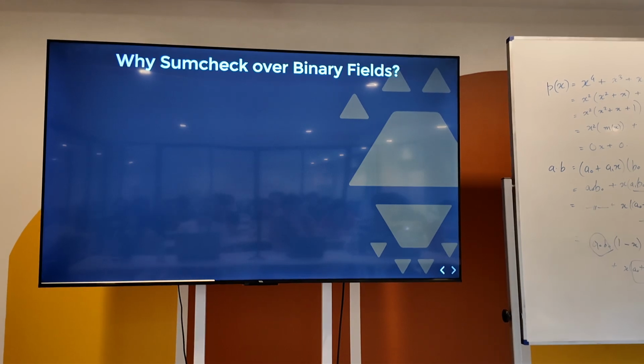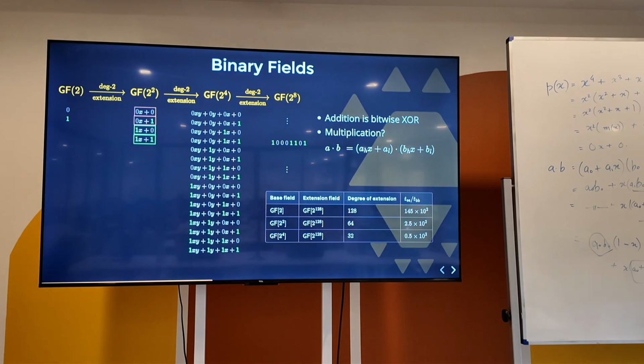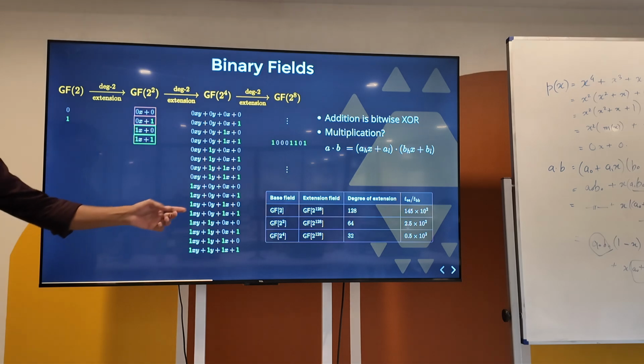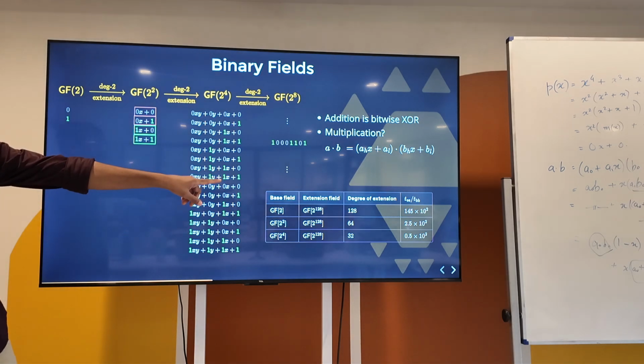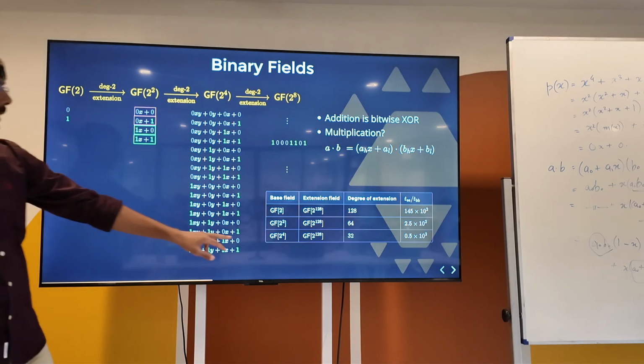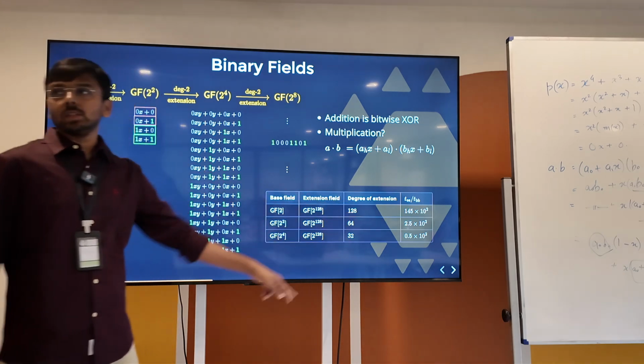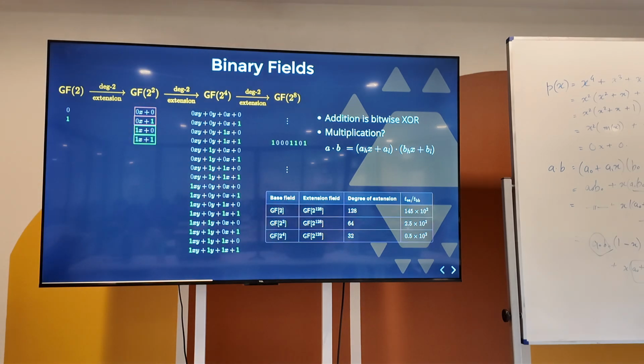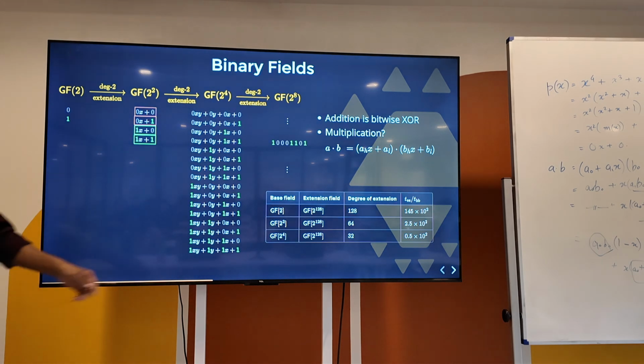Okay, so as you increase the extension of the base field, the ratio should become smaller and smaller, right? Yes. But why is it increasing and then decreasing? No, it's not increasing. It basically depends on the degree of extension. If the degree of extension is larger, then your ratio will become large, because you need to do recursion.